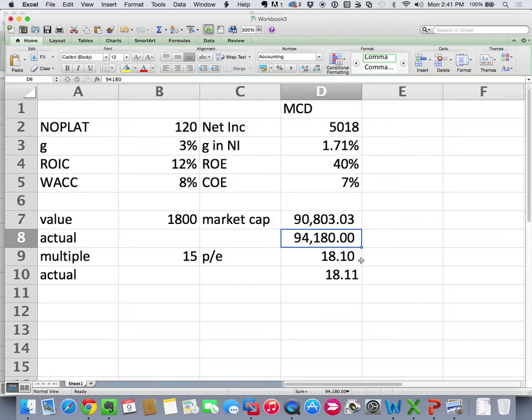Operating value is what we're solving for here. So what are we missing? Operating value plus what equals enterprise value? We're missing the non-operating value.